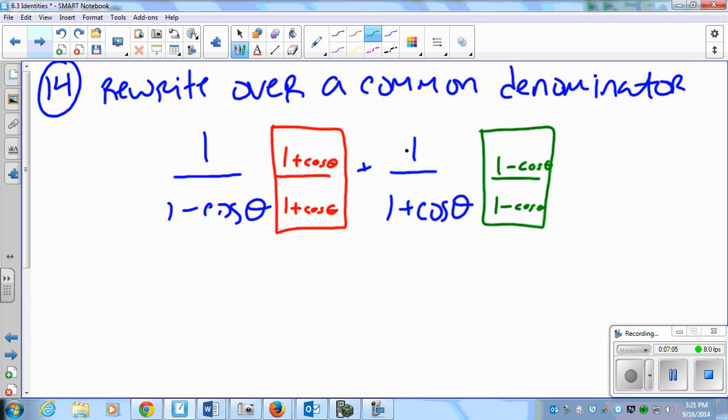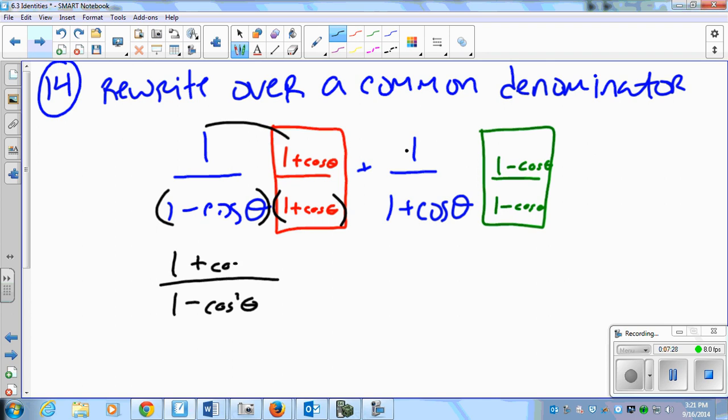So now, by doing so, I will start getting things with a common denominator. These difference of squares are going to come up a lot, and we need to be good with them. So with difference of squares, the denominator is going to be 1 minus cosine squared theta. The middle terms drop out, and the top, 1 times all this, is 1 plus cosine of theta.